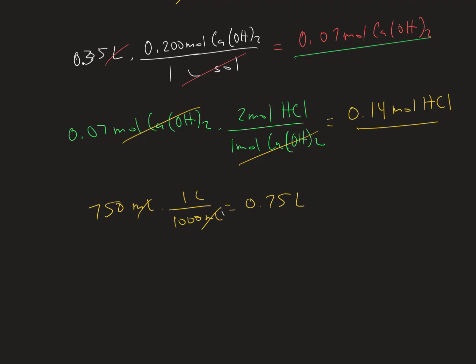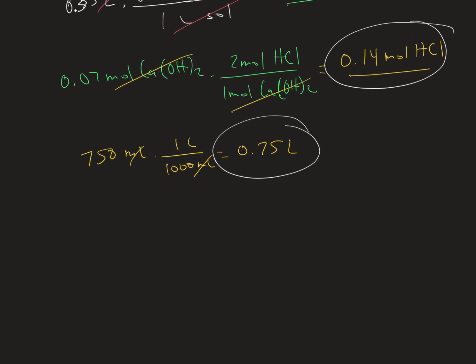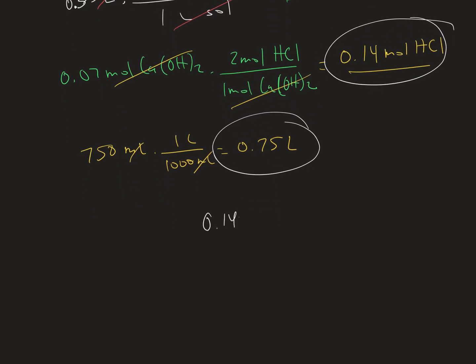So now I have my moles and I have my liters. I can find concentration in molarity, moles divided by liters: 0.14 moles to 0.75 liters. And I should get a 0.187 molar solution of HCl. Is that right?